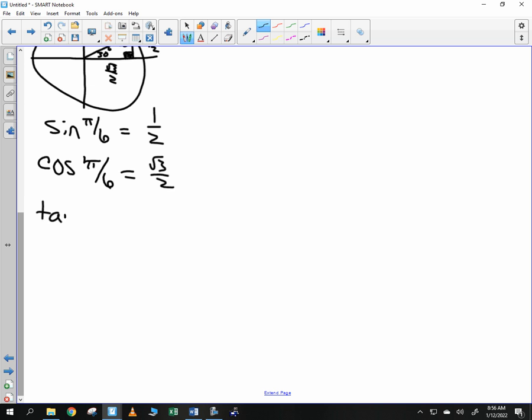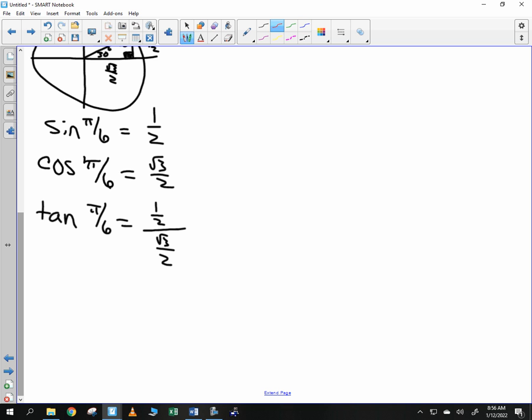And then the tangent of pi over 6, how do I calculate that? You take the y value divided by the, okay, let's be careful there. So you have the y value, which is 1/2, and you divide it by the root of 3 over 2. So I'm dividing fractions right now. How do we do that?